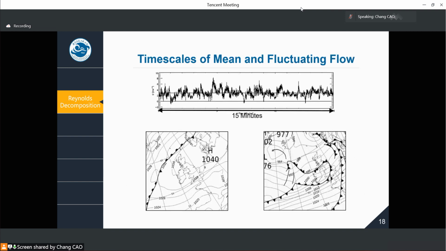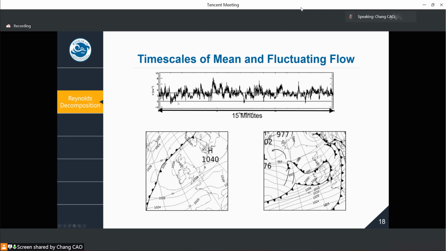Here, let's go back to the synoptic scale flow to remind ourselves about the time scales of the mean and the fluctuating flow. Please note that in this upper graph, the time duration is just 15 minutes. It illustrates the turbulent wind fluctuations, and those fluctuations occur on time scales of seconds.